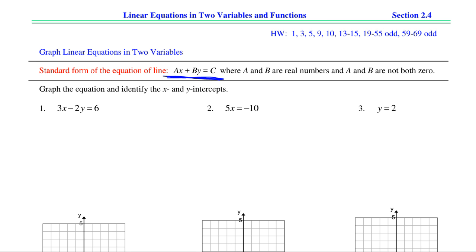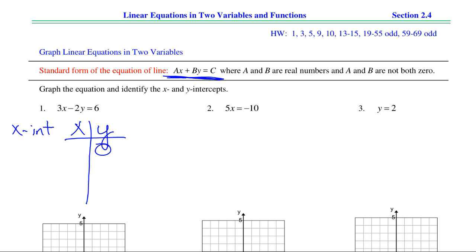to graph. So if we take a look at number one, the x-intercept is going to consist of having a y value of 0.